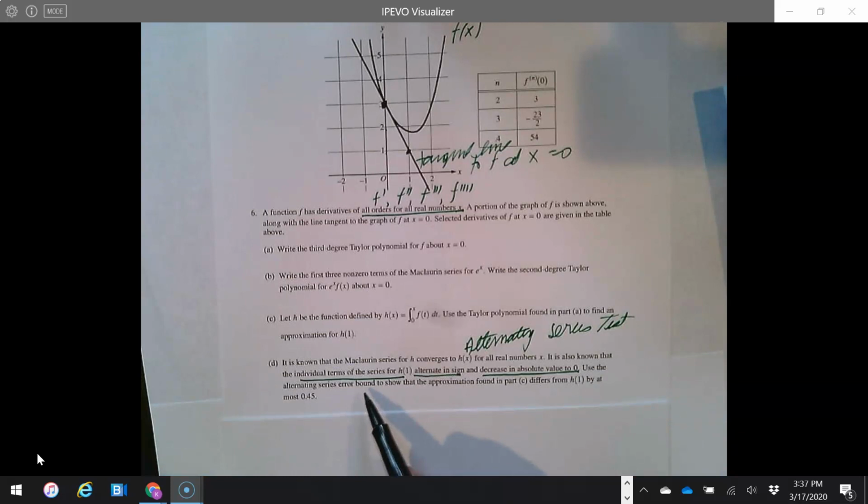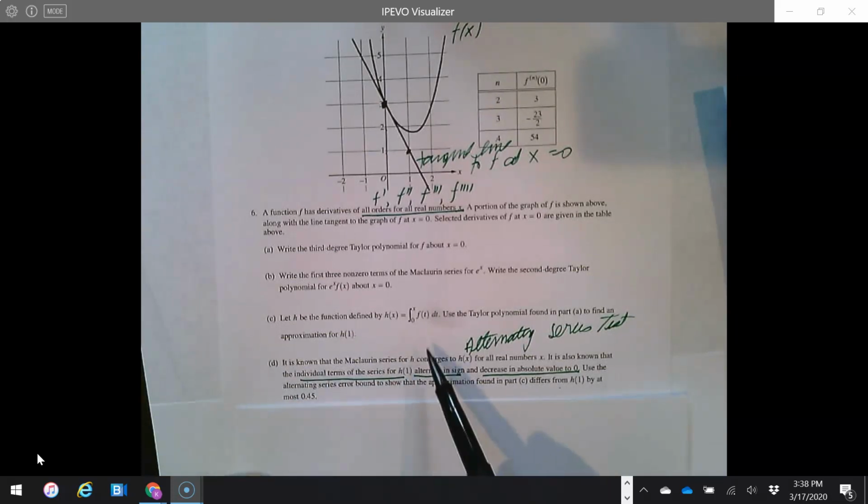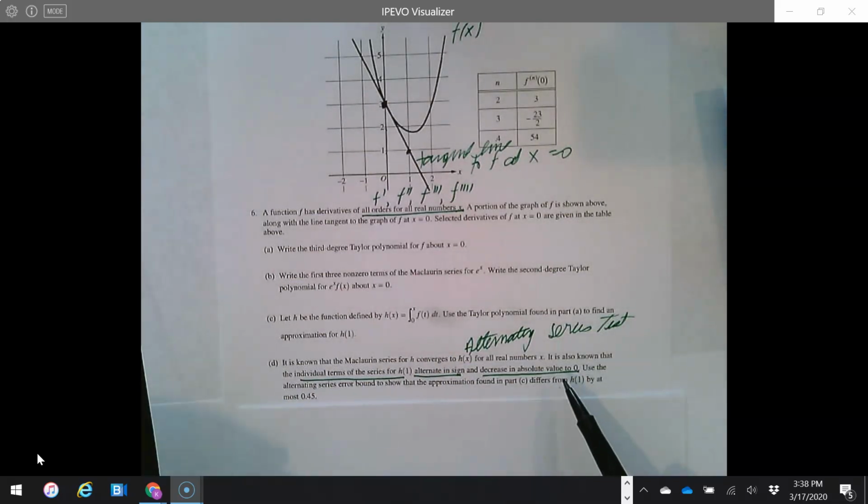Use the alternating series error bound to show that the approximation found in part C differs from h of 1 by at most 0.45. Okay, what's going on here? It's known that the series for h converges to h of x for all real numbers x.